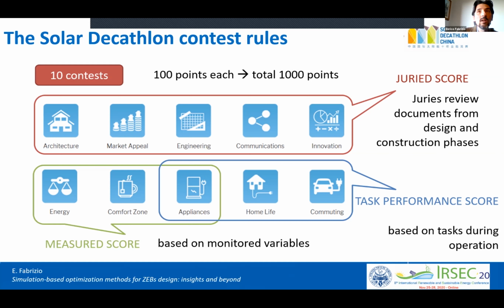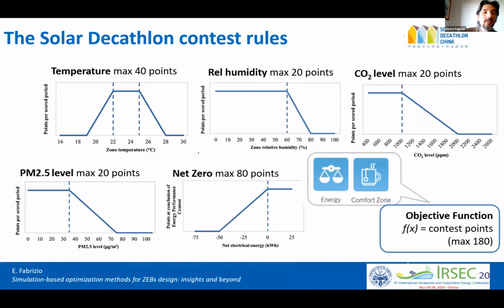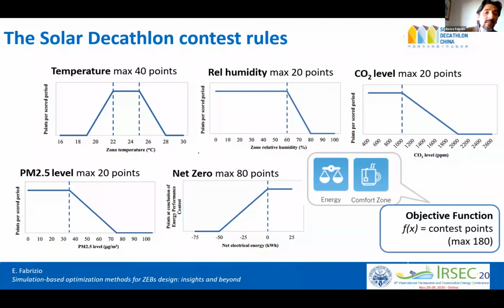So we tried to express the Solar Decathlon contest rules in an objective function. To do that, we had to know the penalty functions for the observations. The observations in terms of temperature, relative humidity, CO2 levels, etc., for the 14 days of the contest are recorded by a third party, and they are used to compute the contest points.